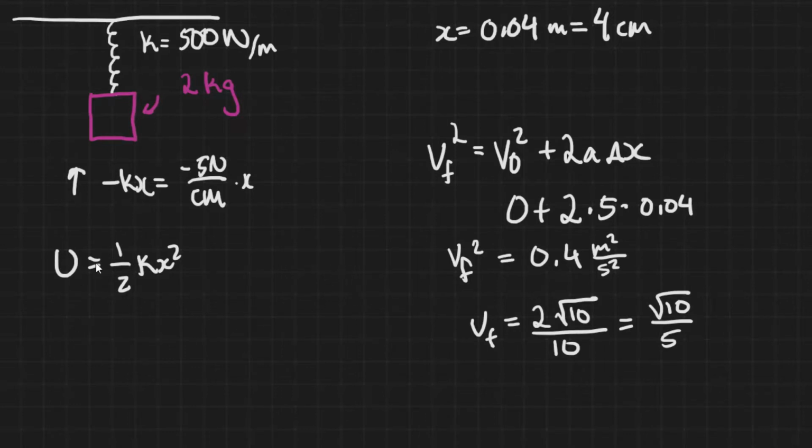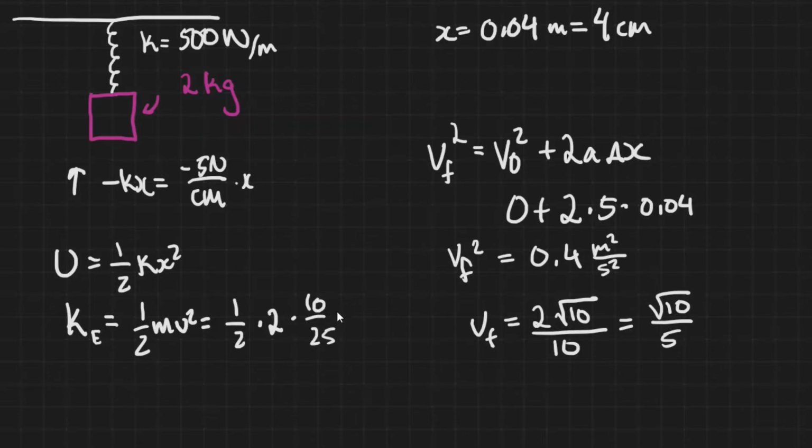When the block is at its equilibrium, the kinetic energy is going to be maxed because of spring laws. So KE, the kinetic energy, is going to equal 1/2 mv squared, which equals 1/2 times mass 2 times v squared. That's the square root of 10 over 5, so that's going to be 10 over 25.